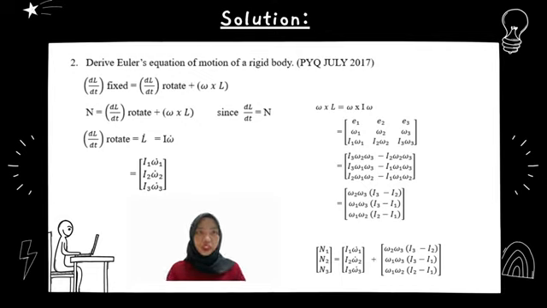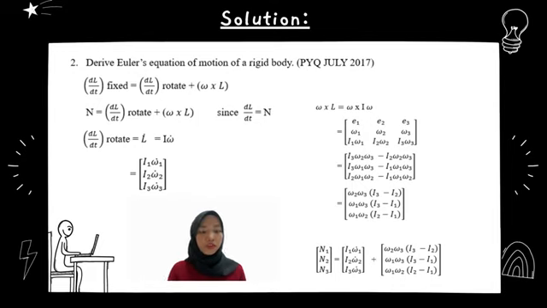For omega cross L, since L is equal to I omega, omega cross L is equal to omega cross I omega. Since it's a cross product, we use a matrix to solve this problem, and e1, e2, and e3 are used as our unit vectors. Then we got omega cross L is equal to I3 omega 2 omega 3 minus I2 omega 2 omega 3 for the first row.